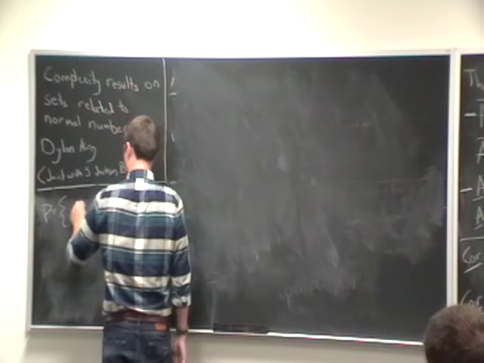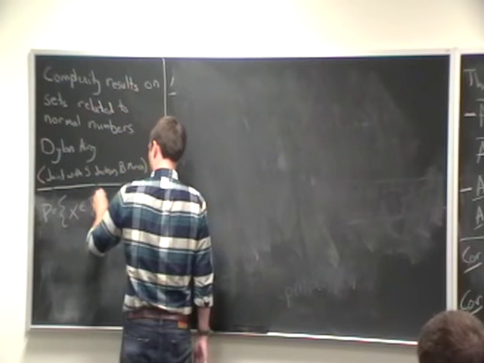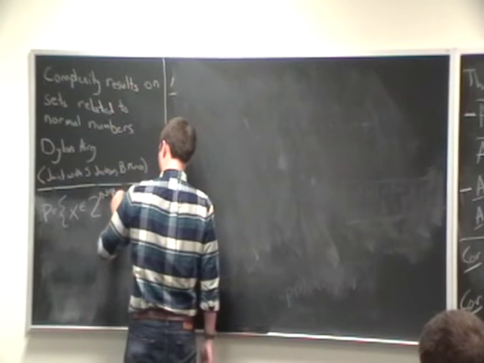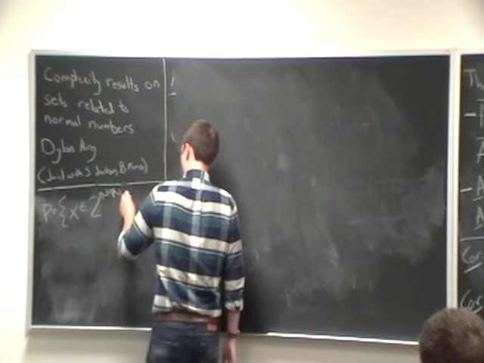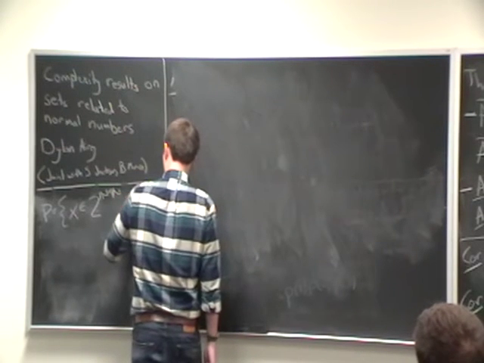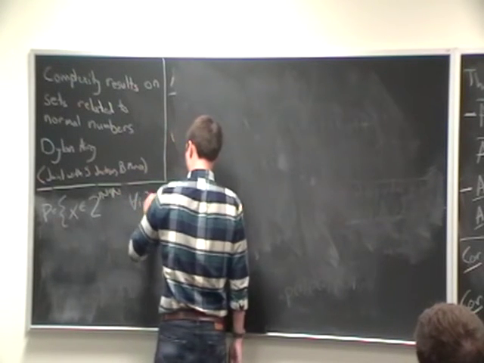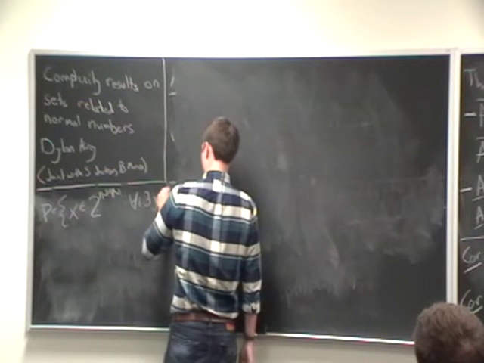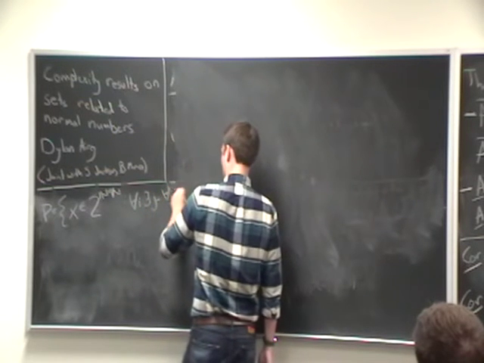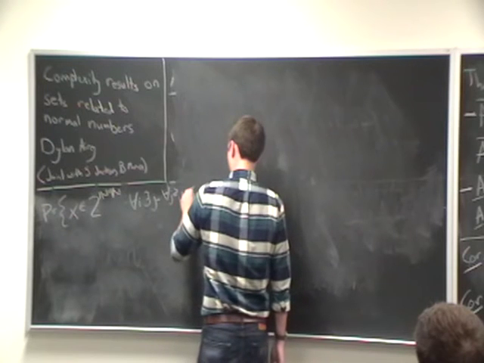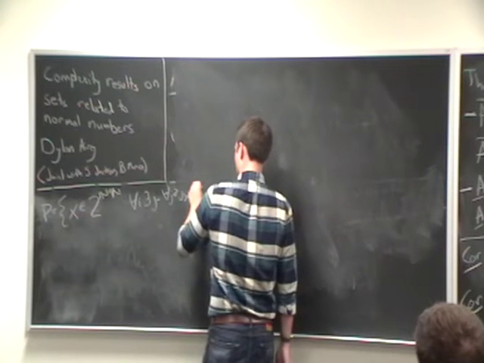X in 2^(N cross N) with the property that for all i, there exists j naught, such that for all j greater than or equal to j naught, X_ij is equal to 0.